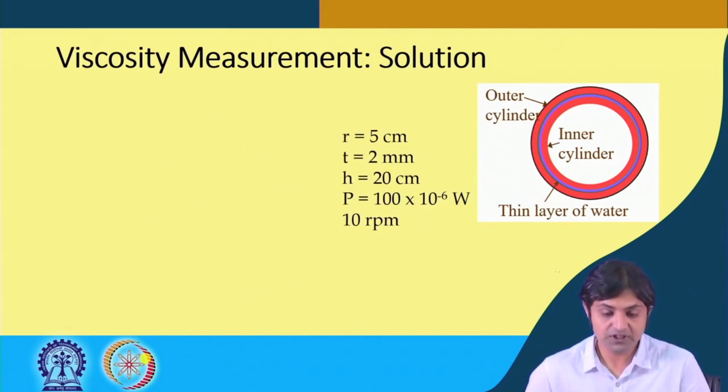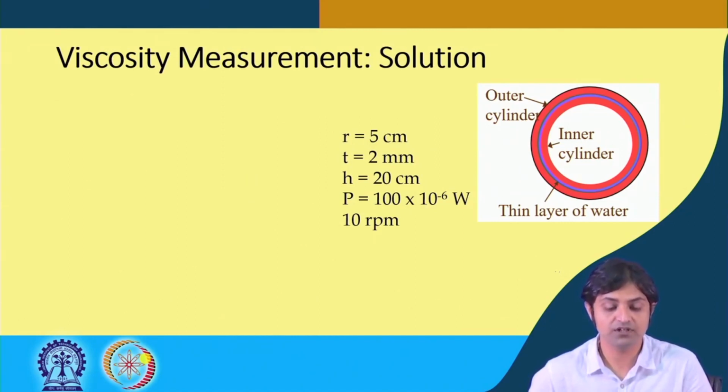So to be able to solve this, I have written all the quantities that I know. Radius 5 centimeters of the inner cylinder, thickness 2 millimeter fluid, height is 20 centimeters, power is 100 into 10 to the power minus 6 watt, and omega is 10 rotations per minute. So F is given as mu A u by t. We need to know what u is.